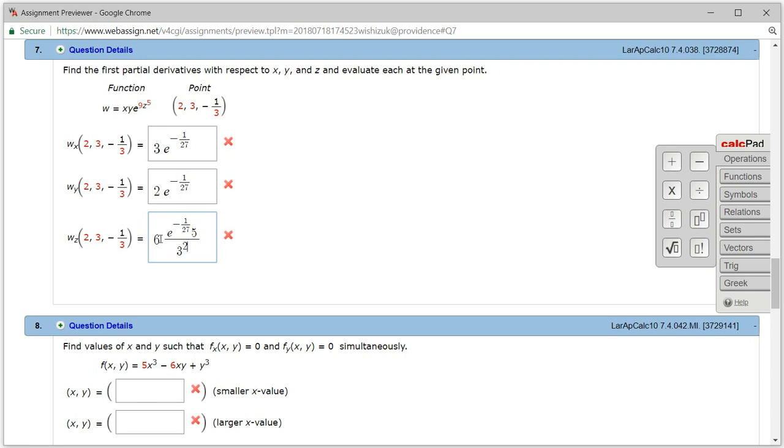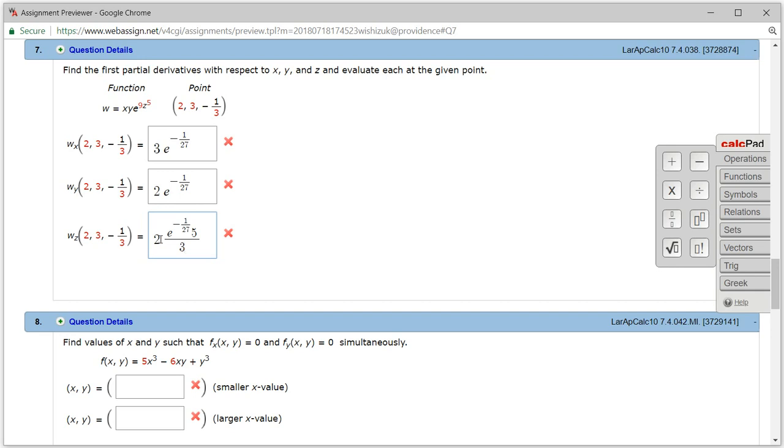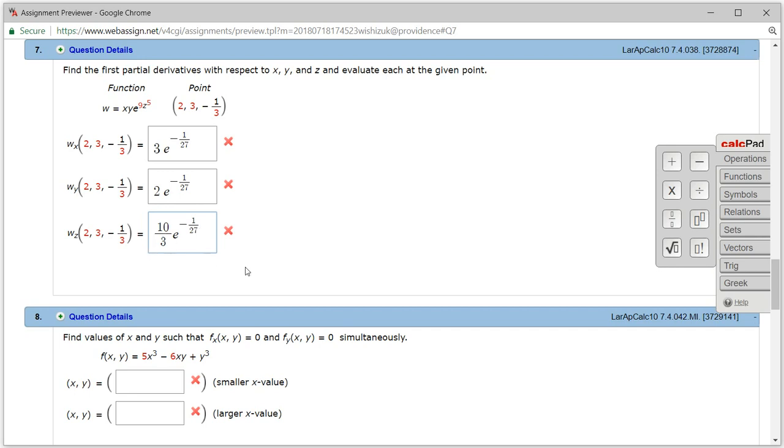And 6 has a 3 in it, so divide by 3, so that becomes 2, and that becomes 1, first power, so it's just going to be 3. Then this is going to be 10 over 3, combining everything, so 3 is combined, and also 5 is combined, so we get that.